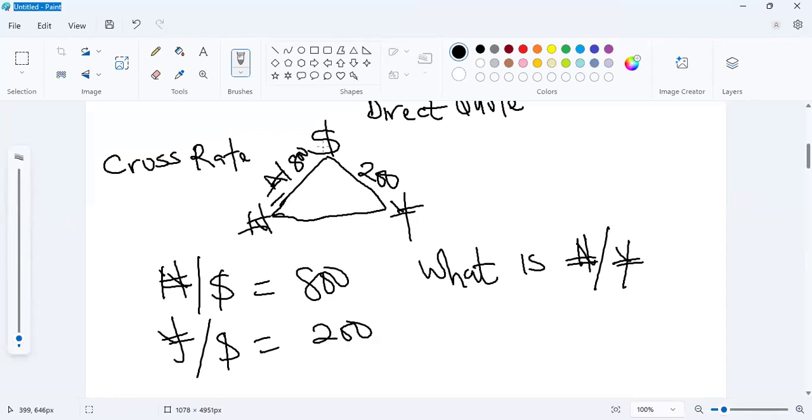If I want to calculate naira to Japanese yen, it is equal to 800 divided by 200.